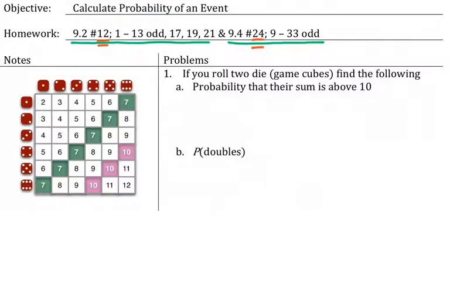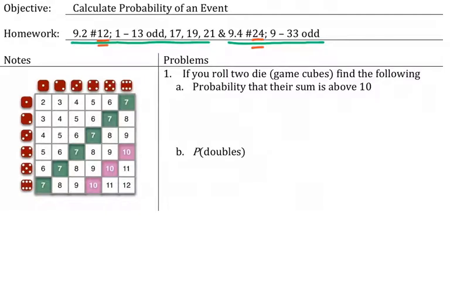Now, hopefully you did a little bit of review of probability from last night's homework from 9.2. So what I want to talk to you about is some of the notation as well. Here, if you roll 2 die, some books will call these game cubes, find the following: the probability that their sum is above 10, or what says here, P of doubles, and this is function notation.